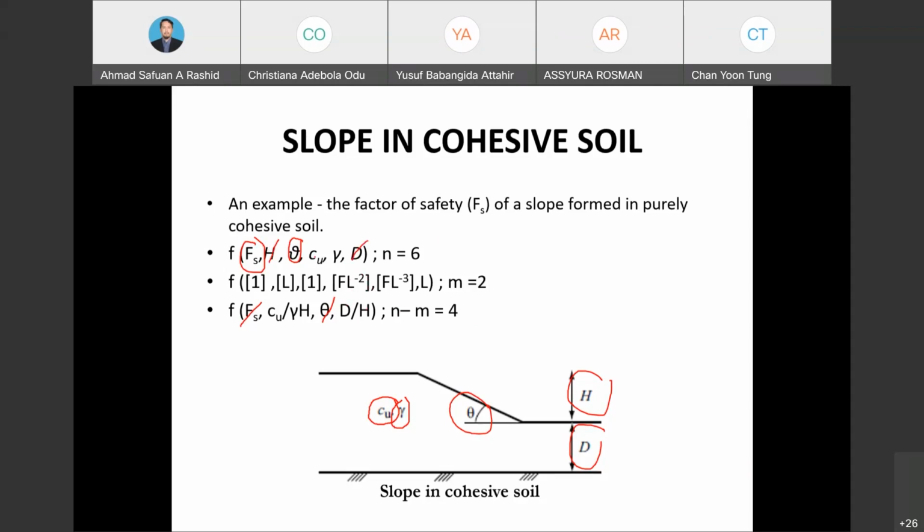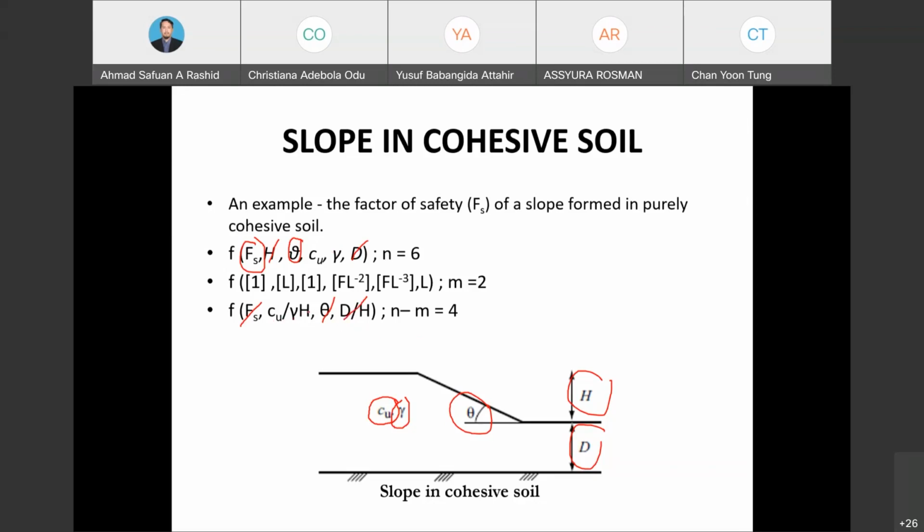So the remaining is Cu and gamma. So how to solve Cu and gamma? We need to use either H or D. In that case, it is allowed for us to use the parameter that has been used before.